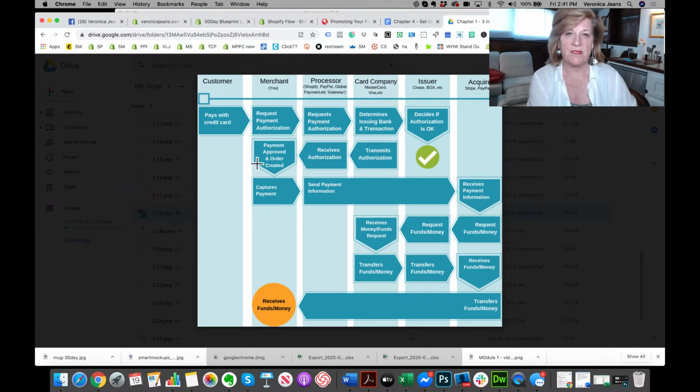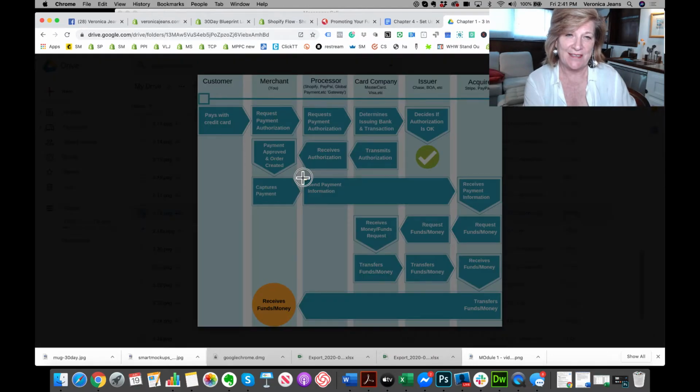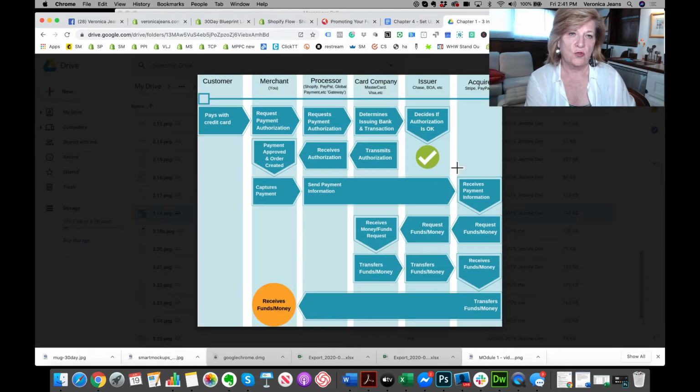So here the payment is approved, the order is created, okay, and we capture the payment. Our actual store, in the back end, says, okay, I can now capture this payment because it's been approved by the issuing bank, by our customer's bank. Now we don't have to do anything. They send payment information, again through processor, credit card company, issuer, to the acquirer, which is Stripe.